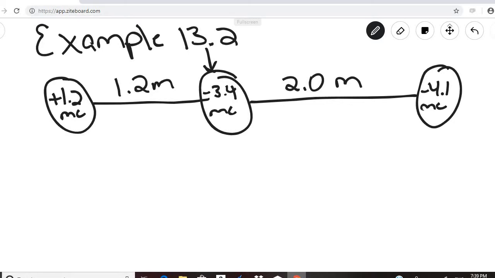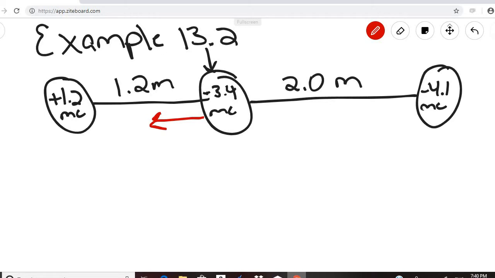we can just look at the relationship between the two. First of all, let's look at these two. You have a positive and a negative. Because they are going to be attracted to each other, this particle is going to move that direction.